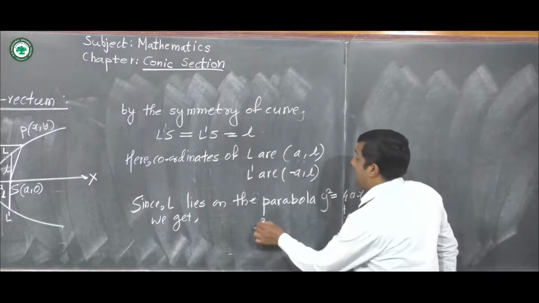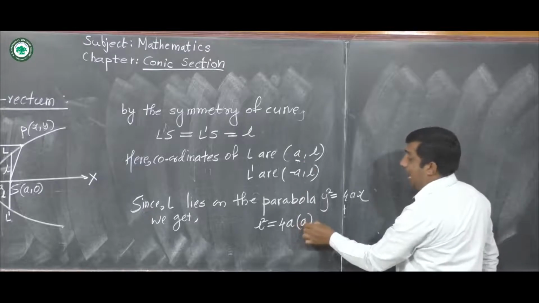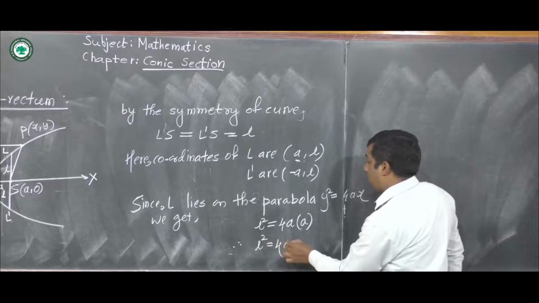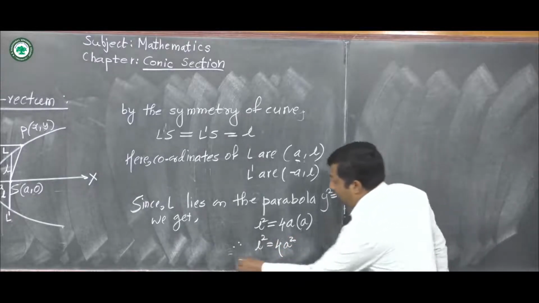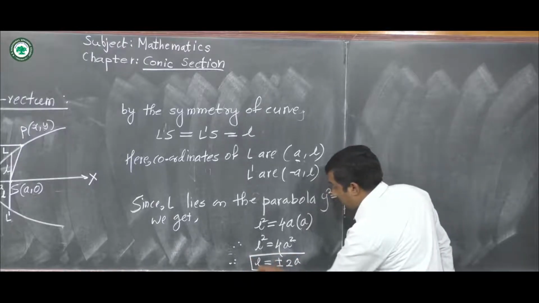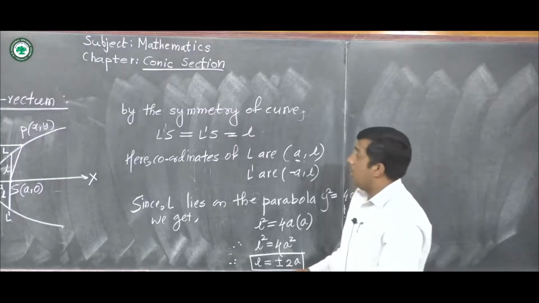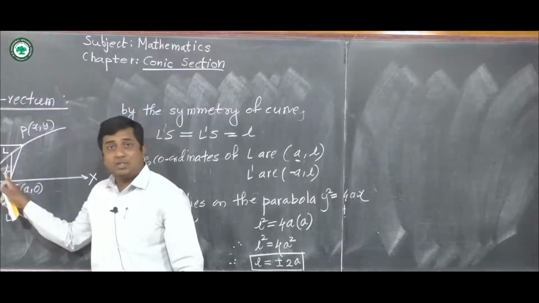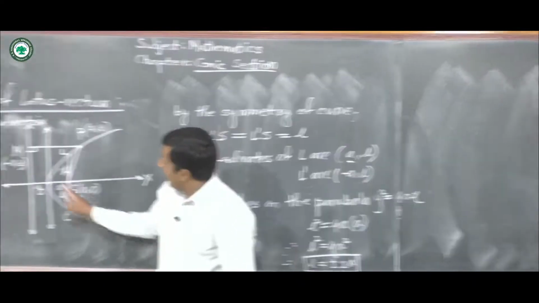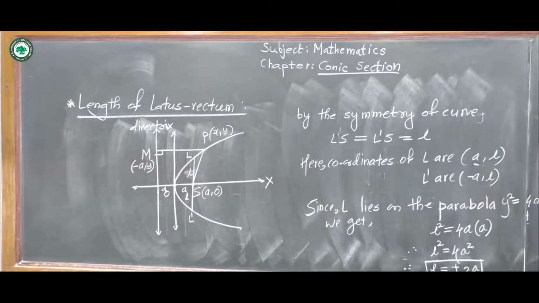Here we get l squared equals 4a times a, so l squared equals 4a squared. Therefore l equals plus or minus 2a. So this half-length l is 2a, and this l is also 2a.